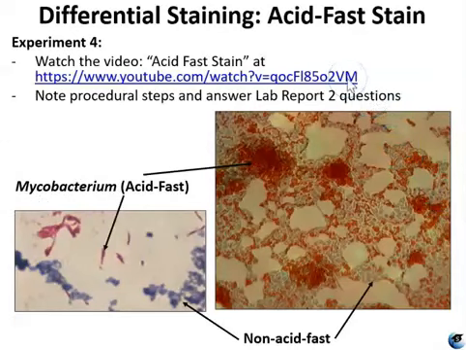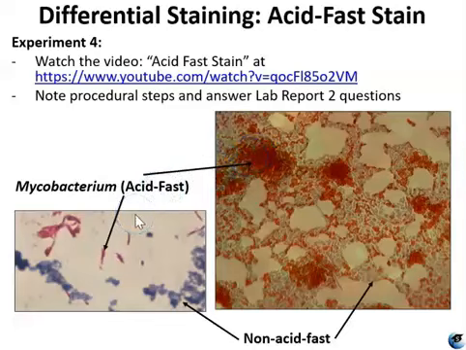You want to be sure that you make notes of all of the procedural steps, any and all equipment that's used, any results that you get, because you're going to need this information in order to answer the guided questions in the report template. And here I've put a couple of examples. Both of these are mixed cultures, so there's both positive and negative. So you see this is kind of a reddish purplish color. This is more of a reddish orangish color, but either one of those is considered acid-fast.